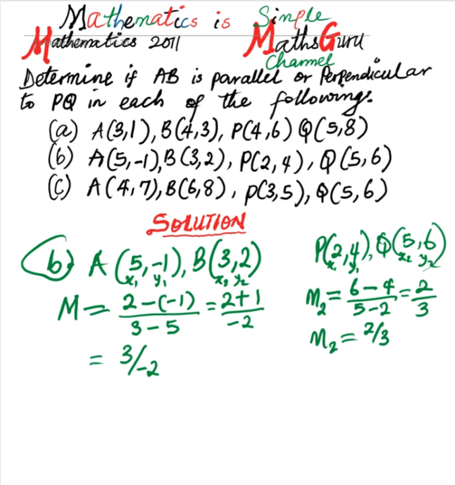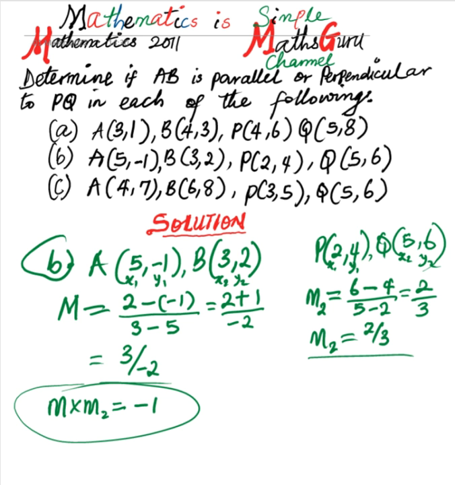That is to say, M multiplied by M2 should be equal to -1. Since we can see that the gradients are not equal, they are not parallel to each other. But let's look at this to see if they are perpendicular. For us to know that they are perpendicular, what we simply do is multiply their gradients and see.